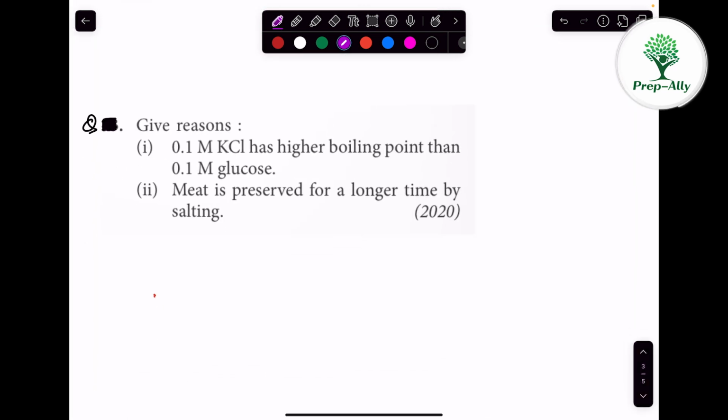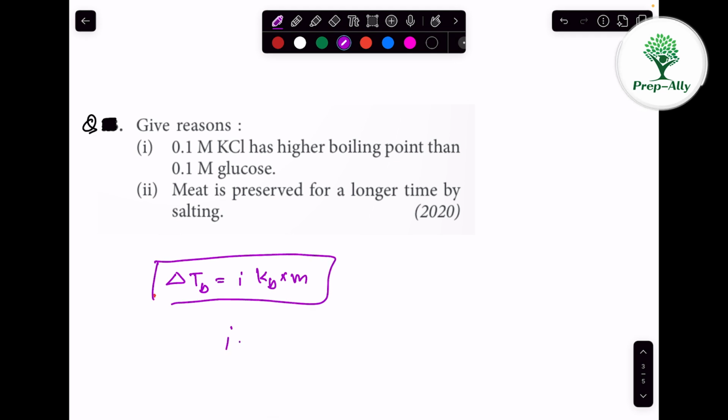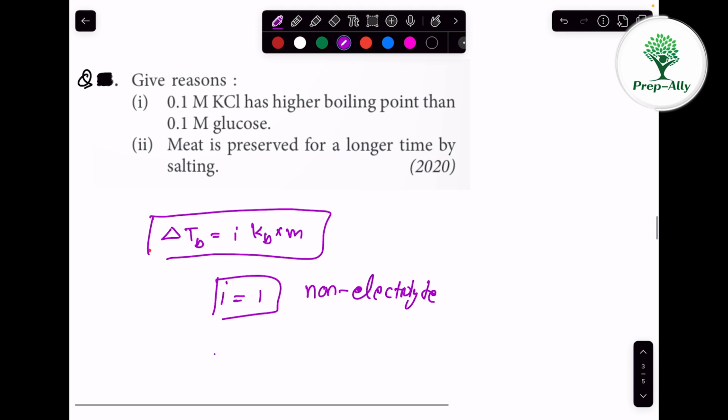Now the next question: give reason, 0.1 m KCl has higher boiling point than 1 m glucose. Higher boiling point means we will write the formula for elevation in boiling point, which is equal to Kb multiplied by molality, and there is a term i. Now i will be 1 if we have a non-electrolyte which is not going to dissociate in water, and i value can be greater than 1, usually for electrolytes.